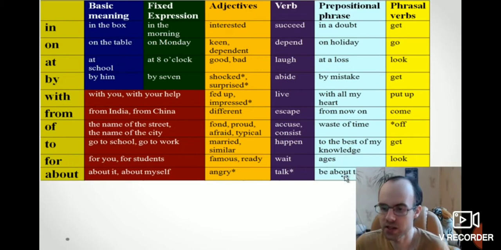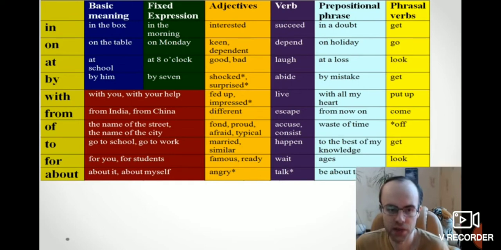So the president is about to arrive. It means the president will arrive soon. So it's about vocabulary and grammar at the same time. Just remember, be about to. So he is about to arrive. They are about to arrive. It means they'll arrive soon.